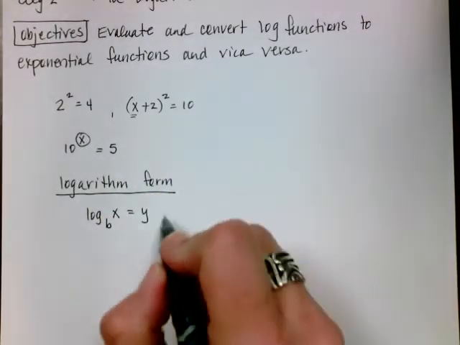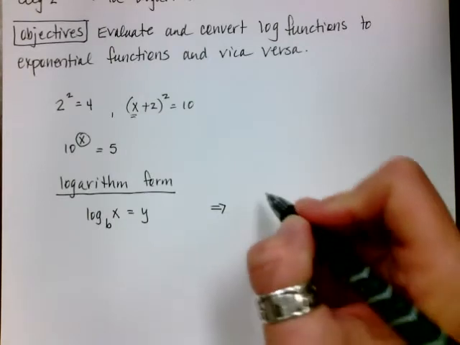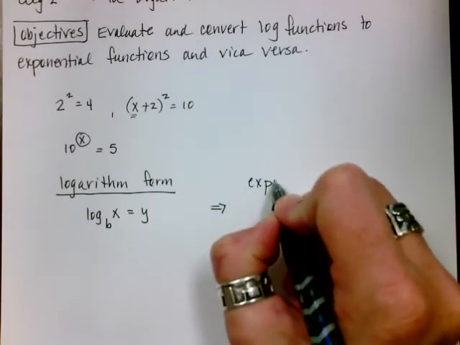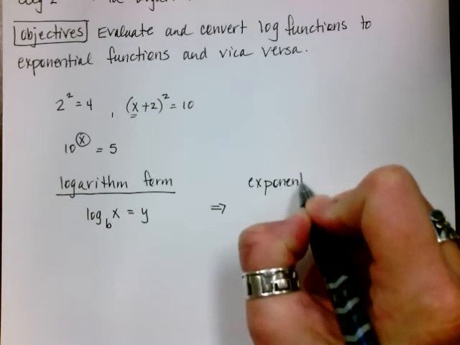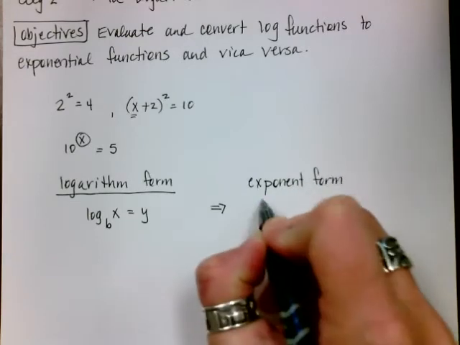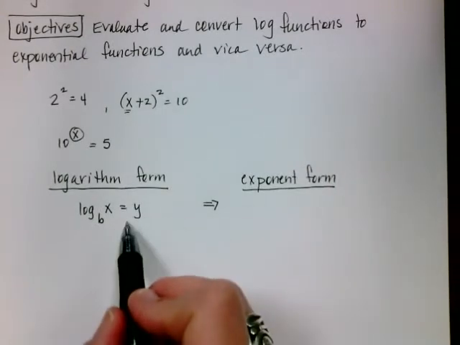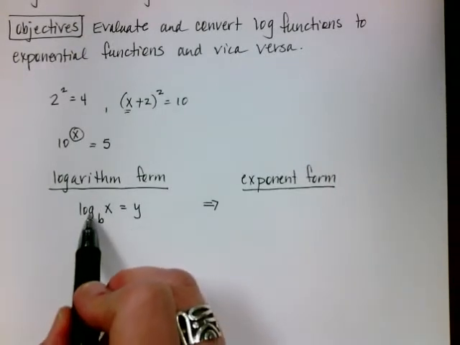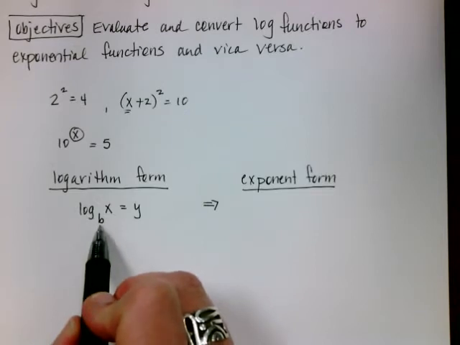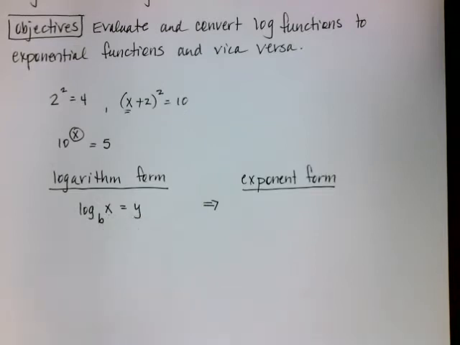Okay? I can take this form and convert it to exponent form. Okay? And I will spend significant amounts of time going back and forth in between these two forms. So remember, this is log base b of x equals y.